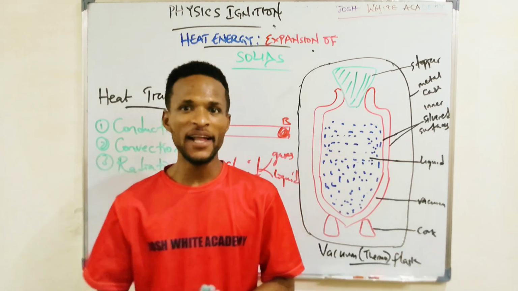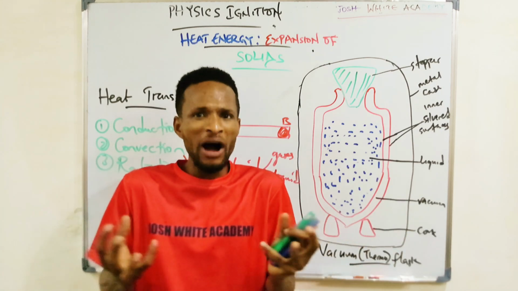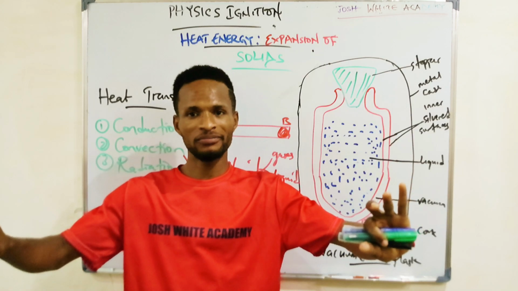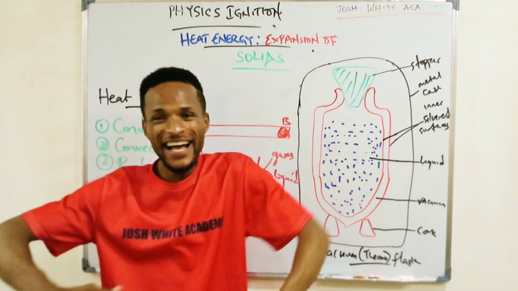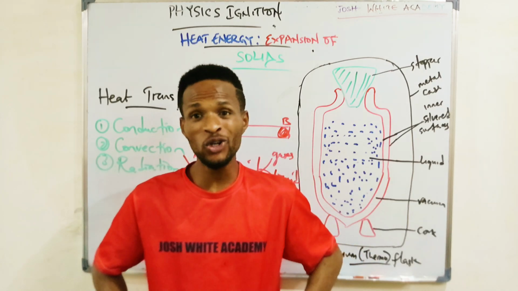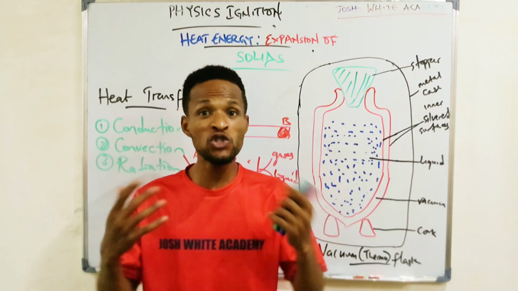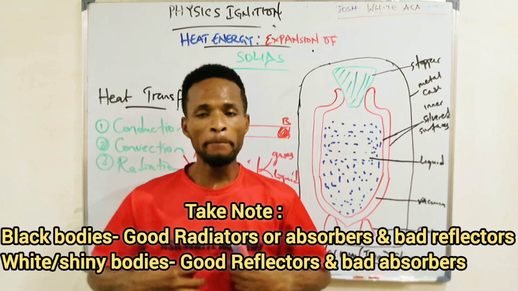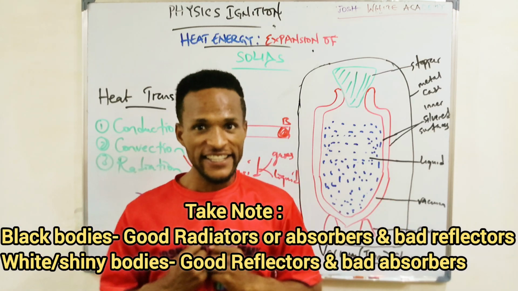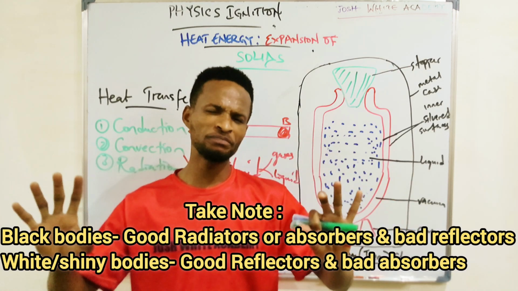Dark bodies are good absorbers of heat and bad reflectors. That's the reason why if you wear black or dark colored clothes on a sunny day, you sweat profusely, because black clothes are good absorbers, good radiators of heat and bad reflectors.